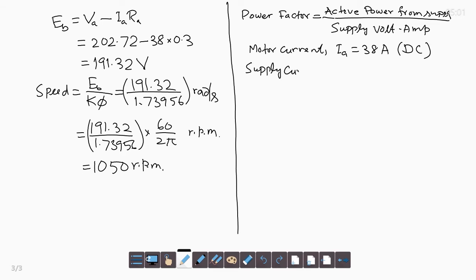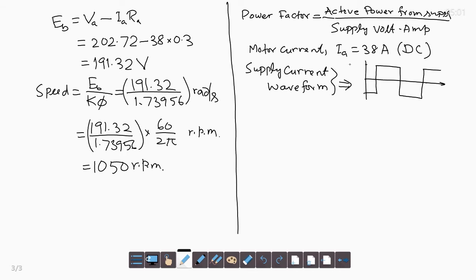Supply current waveform is like this: this is plus 38, this is minus 38. So, this is the supply current IS. So, the RMS supply current IS, you can determine from this waveform, is also 38 ampere.